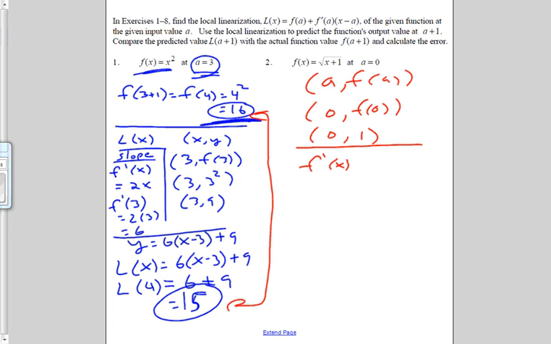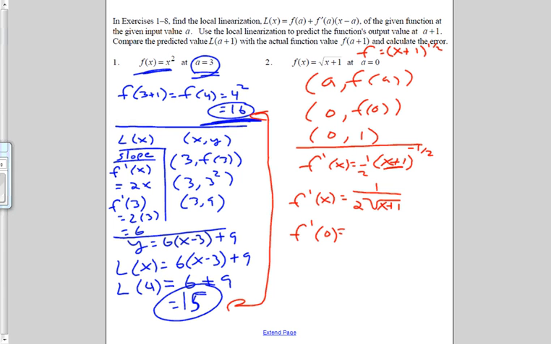If we think about f of x as x plus 1 to the 1/2, you're probably becoming familiar with this, the derivative is 1/2 times x plus 1 to the negative 1/2, and we can't differentiate anything inside there, that would just be 1. So the derivative is 1 over 2 times the square root of x plus 1. And we want to find the derivative at 0. So that is 1 over 2 square root of 1, which is just 1/2.